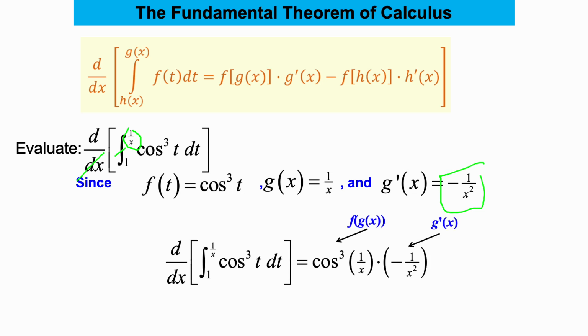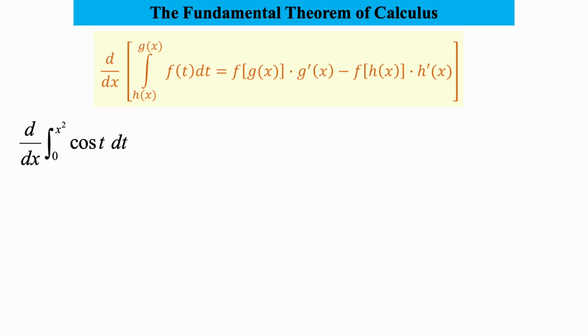So in this case, the result will be, we replace 1 over x instead of t, then we multiply by negative 1 over x squared. We ignore the lower bound because it's only a number.